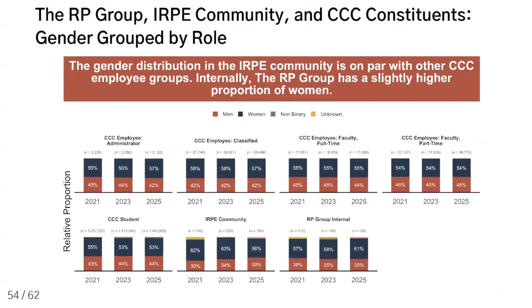Each year you see here, like it was already shown, for the last 3 times that the survey has been given. And in the case of the gender distribution, the IRPE community is on par with other CC employee groups. Internally, RP group has a slightly higher proportion of women. All right, so next slide.